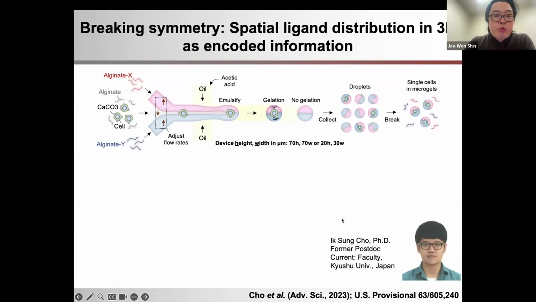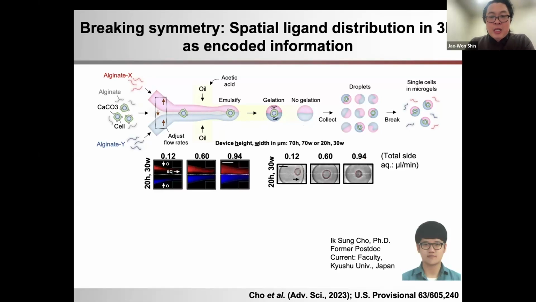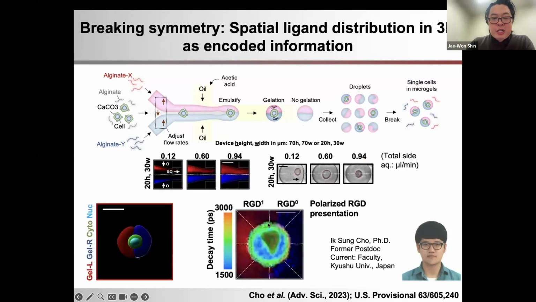So by using three different channels and progressively reducing the flow rate in the middle while increasing the flow rate in two side channels, and combining with this chemical approach, we managed to encapsulate individual cells in two different alginate compartments, where each alginate is independently defined in terms of its biochemical components, such as adhesion molecules. And by doing that, we were able to control the polarity of the cellular adhesion around the matrices.